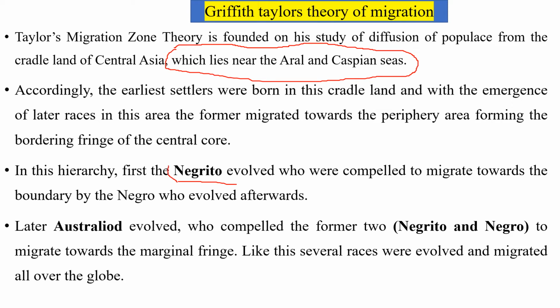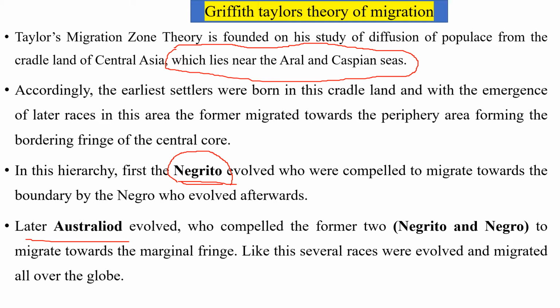The first human race upon the earth's surface, according to Griffith Taylor, is the Negrito, who were compelled to migrate towards the boundary by the Negro, who evolved afterwards. Later, the Australoid evolved. Firstly the Negrito, then the Negro.